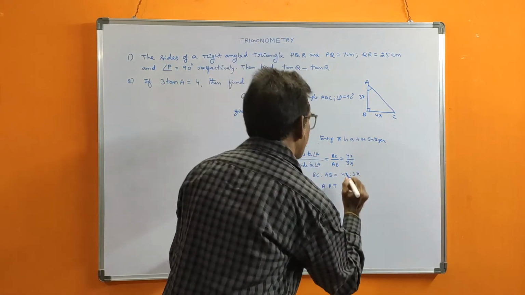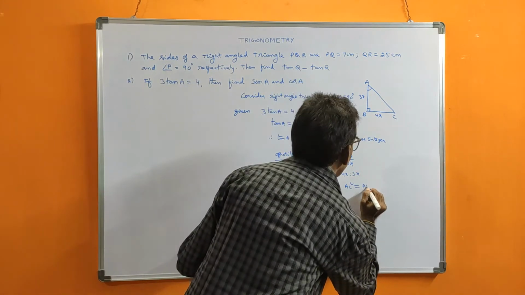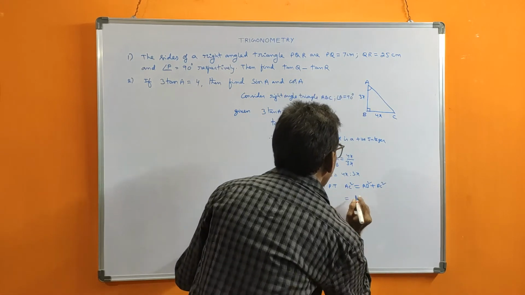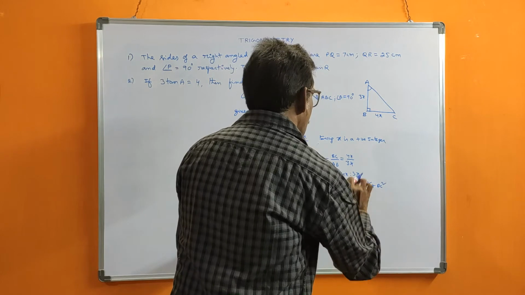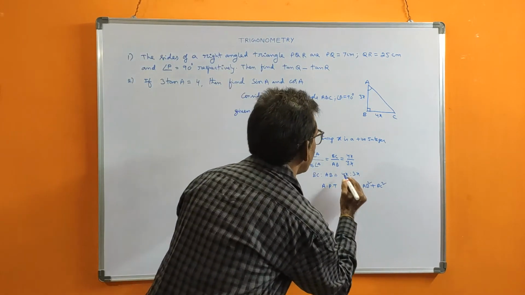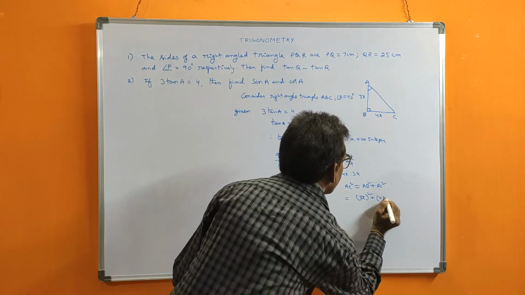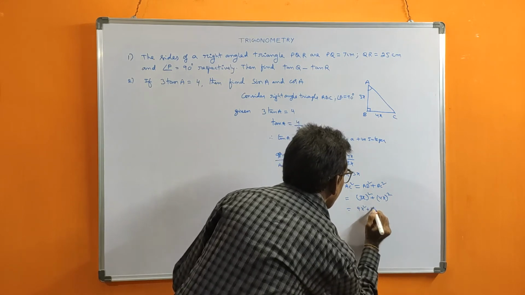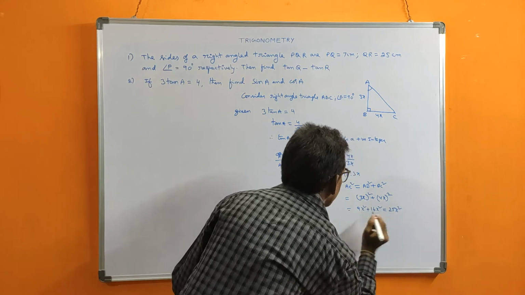According to the Pythagoras theorem, hypotenuse square AC square is equal to one side square AB square plus other side square BC square. Substitute the known values, AB and BC. AC square is 3x whole square plus 4x whole square, that is 9x square plus 16x square, equal to 25x square.